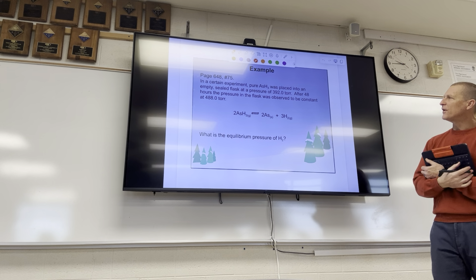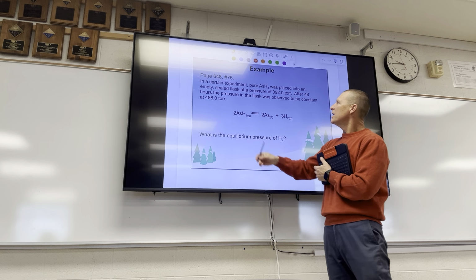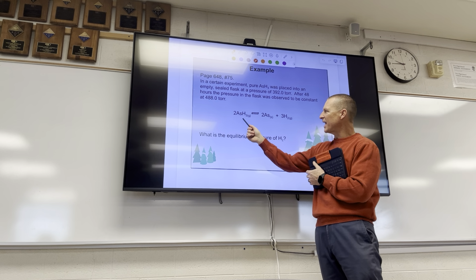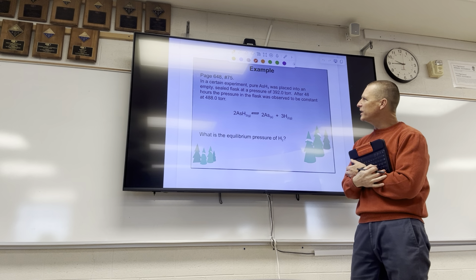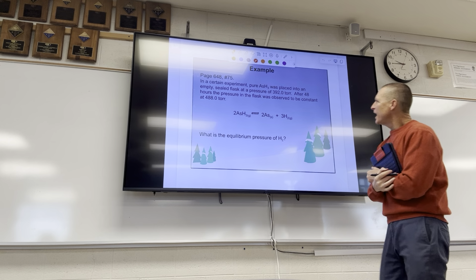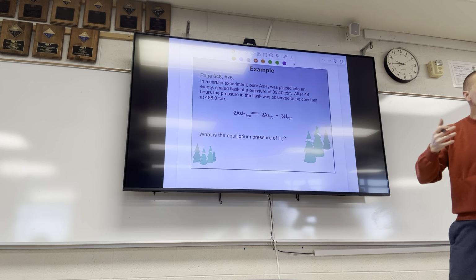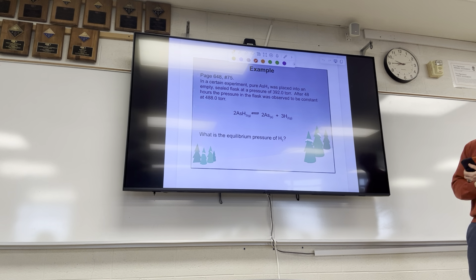Number 75 from the book is this. In a certain experiment, pure arsenic trihydride, AsH3, was put into an empty sealed flask at a pressure of 392 torr. After 48 hours, the total pressure in the flask was observed to be constant at 488 torr.